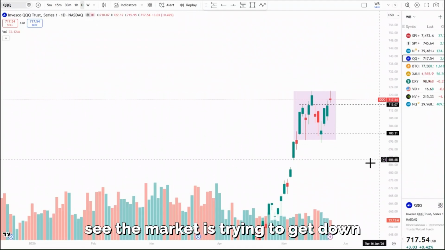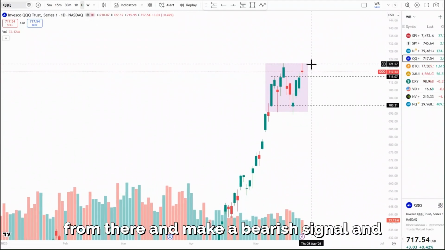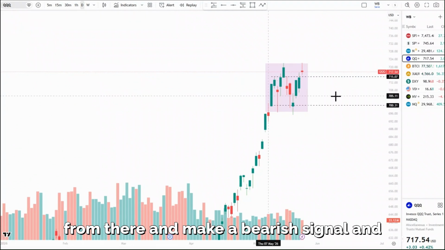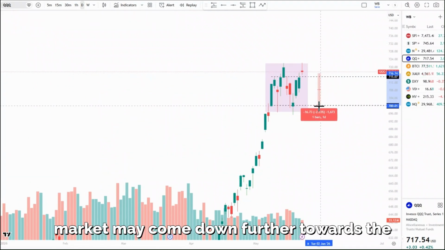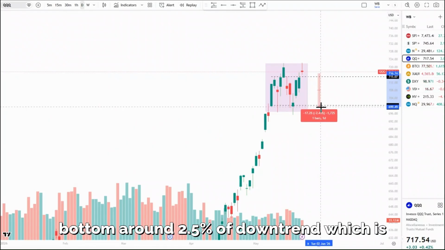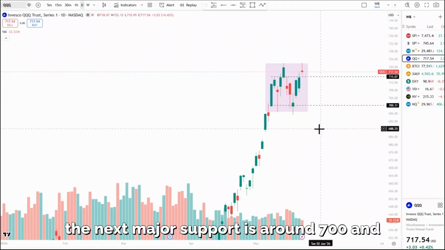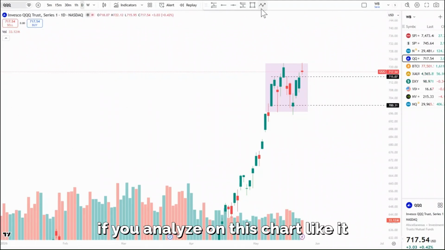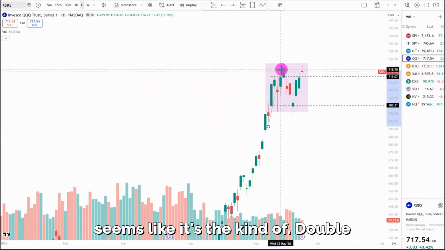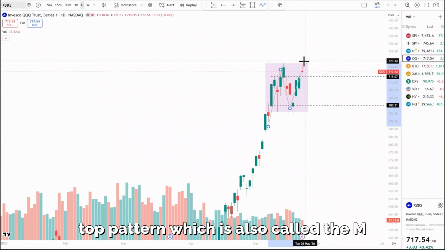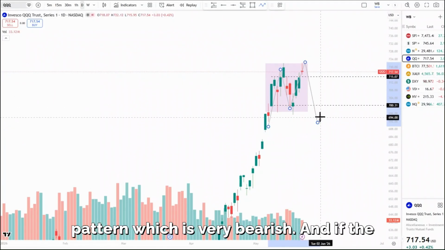In points it was 722.03, but the market made a high of 722.12 the last day. So the market is trying to get down from there and make a bearish signal, and may come down further around 2.5% towards the next major support around 700. On this chart it seems like a double top pattern, also called the M pattern, which is very bearish.